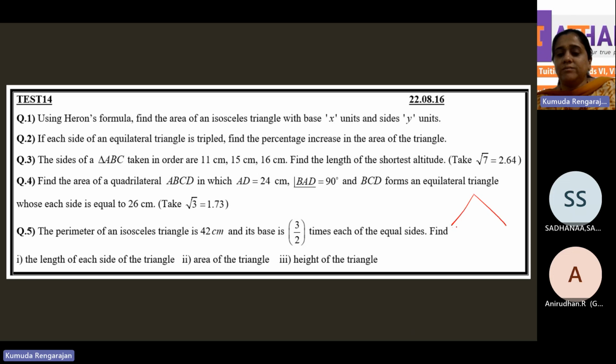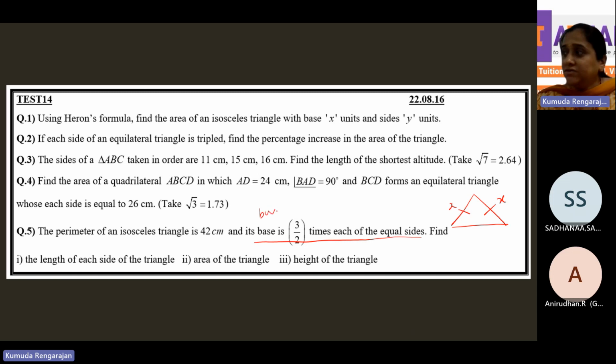So children, if these two are the equal sides and we call them x centimeters each, then what will be the base? The base is 3 by 2 times each of the equal sides.